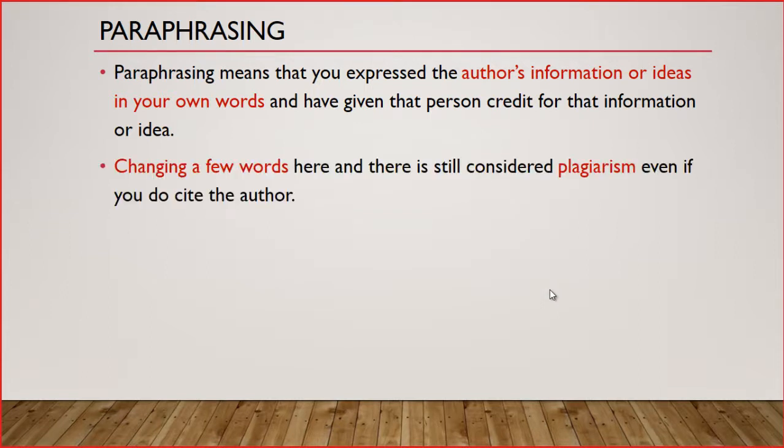Okay, now, changing a few words here and there is still considered plagiarism, even if you do cite the author. Okay, so in writing, it is not sufficient to change a few words, which is actually a normal mistake that students do.